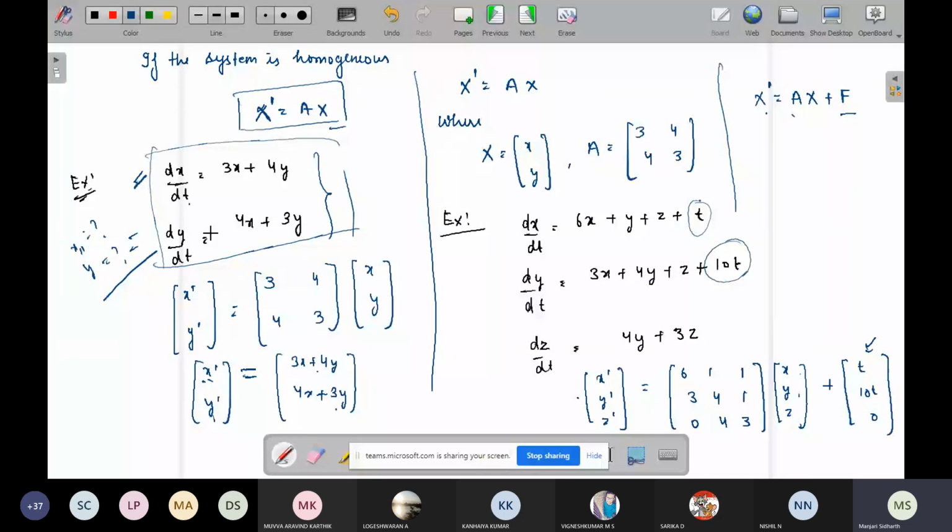So let's discuss the solution. First we'll discuss the solution of the homogeneous system of differential equations, then we'll go to the non-homogeneous one. So here again the eigenvalues and eigenvectors, because now it is matrices, right? So let's start.